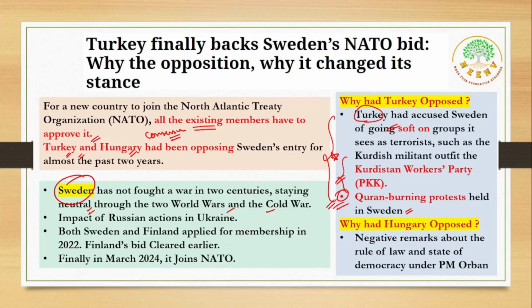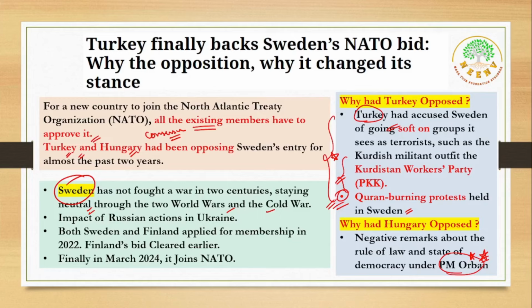And why did Hungary oppose? Hungary opposed because Sweden made an official statement about the PM of Hungary and his rule of law and the state of democracy. Sweden made negative statements about the current PM of Hungary. And the current PM of Hungary, Mr. Orban, is also said to have a close friendship with Russia.